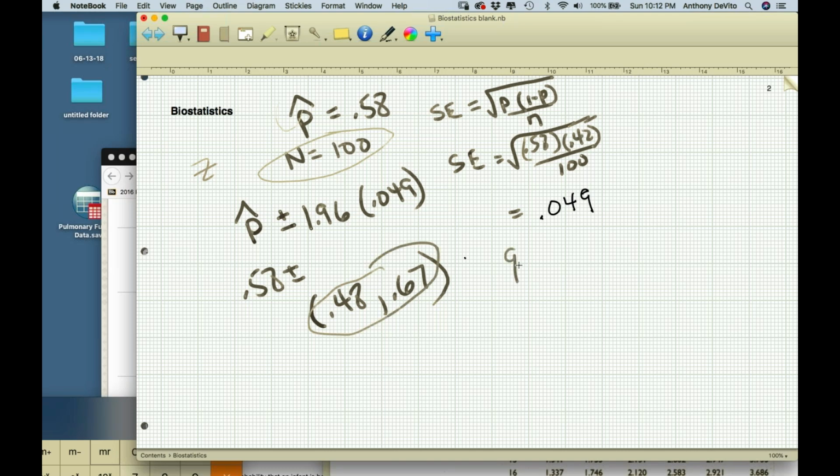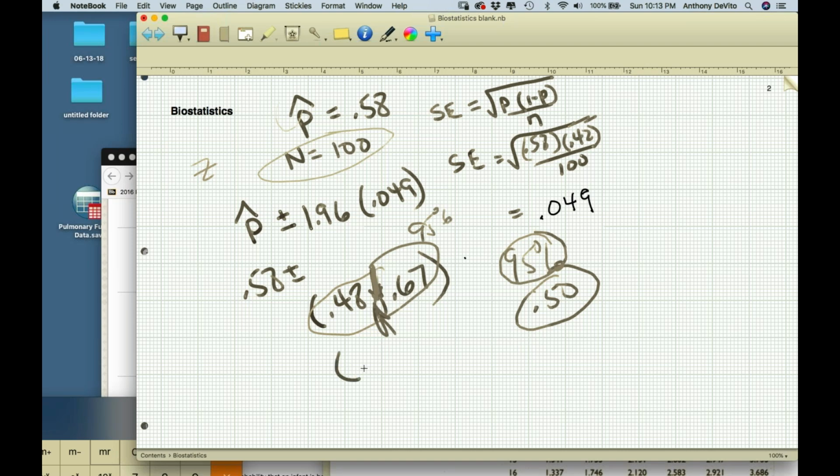Can I say with 95% certainty that it's not 50-50? That it's not likely to be 50-50? No, I can't really say that, can I? Because it could be 50%, because that's inside of my confidence interval. I can't be 95% sure that it's not.